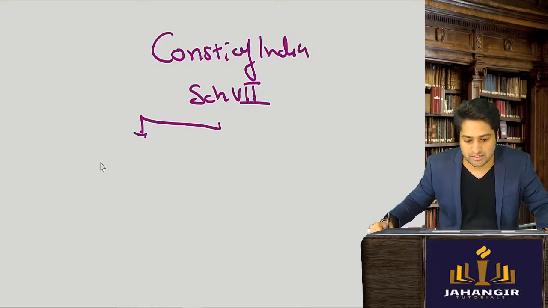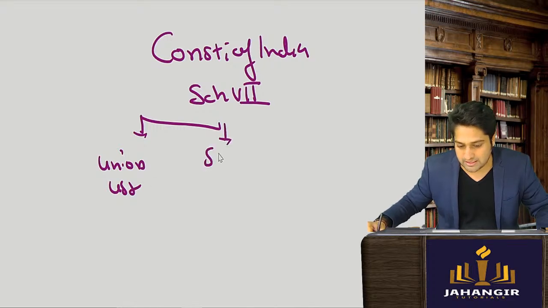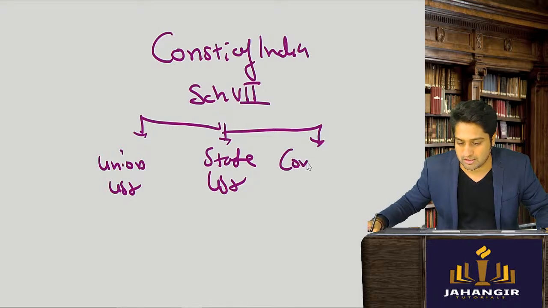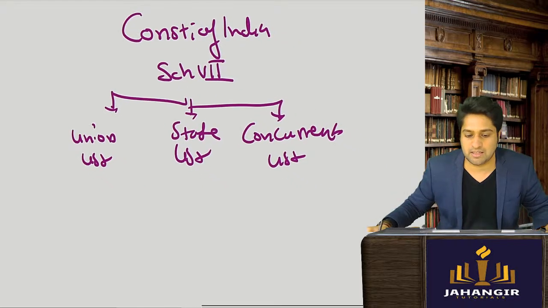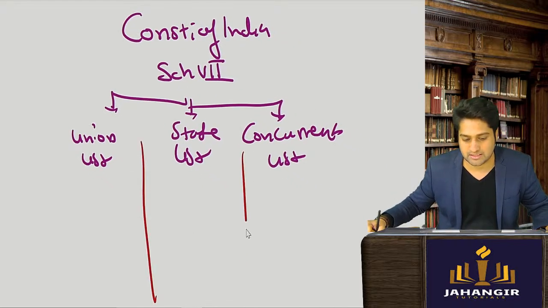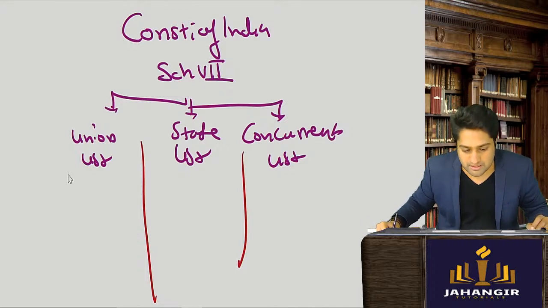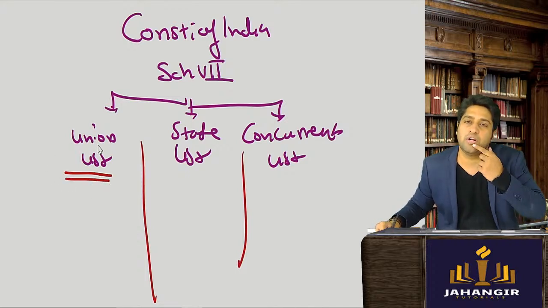There is the union list, then there is the state list, and then there is the concurrent list.